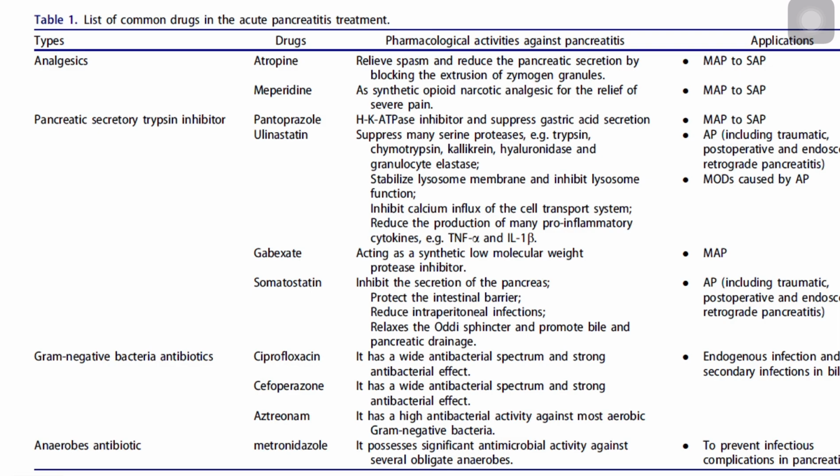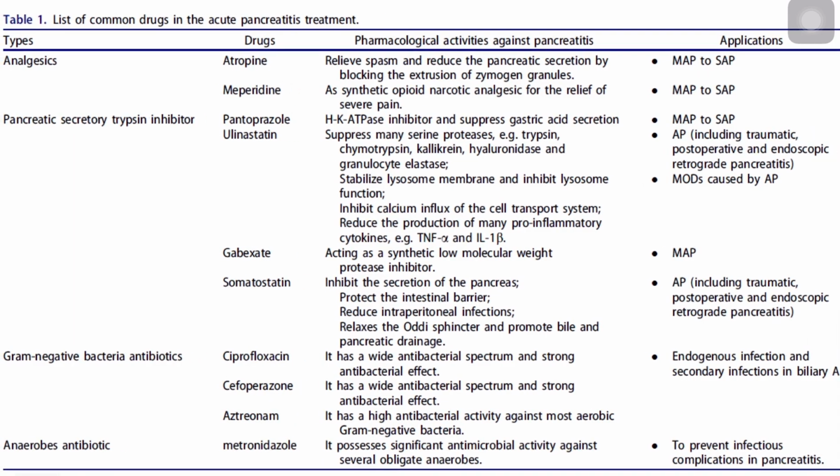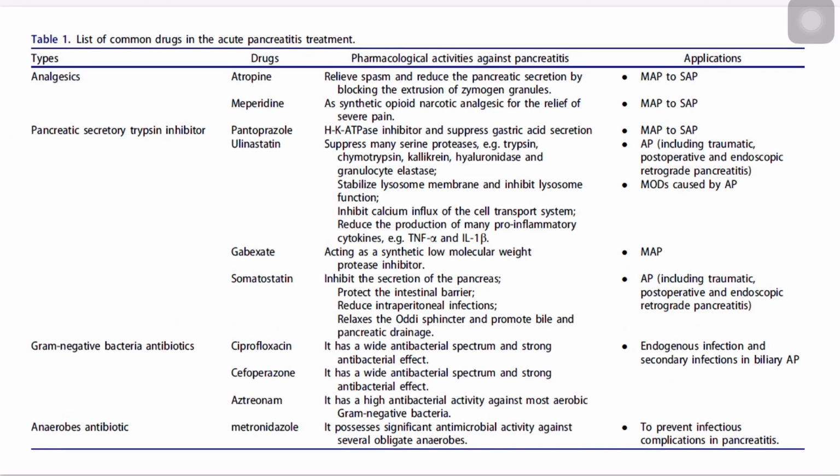And if you see here one of the tables listing the drugs in acute pancreatitis, for analgesia we can use atropine, which is responsible for reducing the pancreatic secretion, blocking the exhaustion of the zymogen granules.